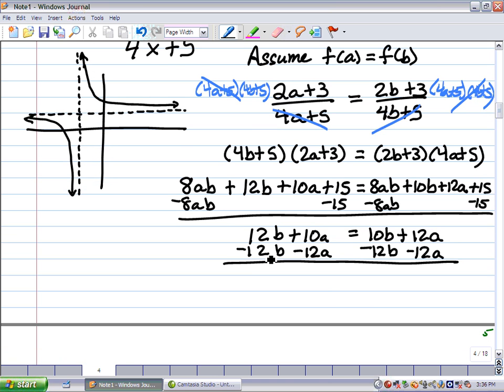Notice the 12b and the minus 12b give me nothing. 10 minus 12a is negative 2a. And when I add these together, I get negative 2b. And I'm going to divide both sides by negative 2, leaving me with a equals b. So there, proved it 1-to-1.